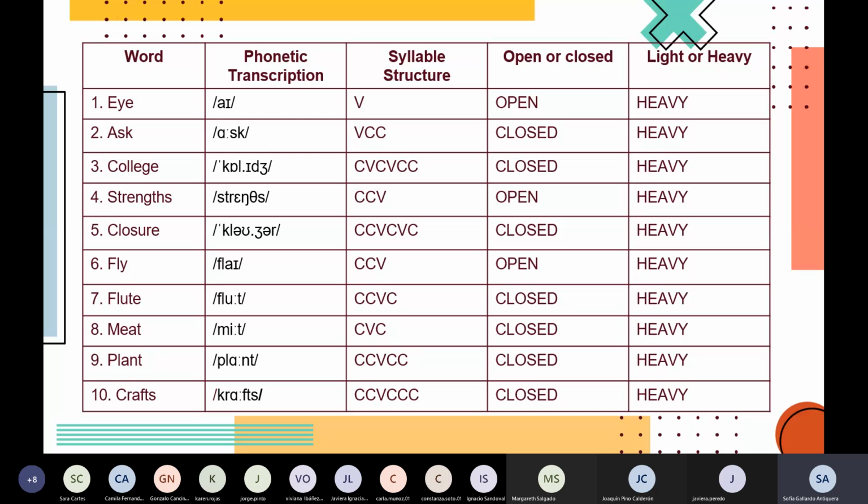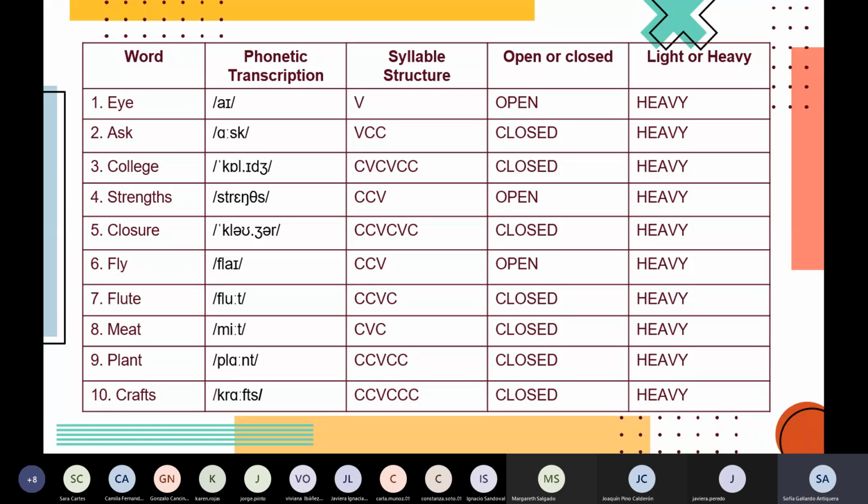Then we have fly, which is consonant, consonant, vowel. It is open and it is heavy. For number 7, we have flute. It is consonant, consonant, vowel, consonant for syllable structure. It is a closed syllable, and it is also heavy. We have meat, which is the syllable structure CVC, closed syllable and heavy.